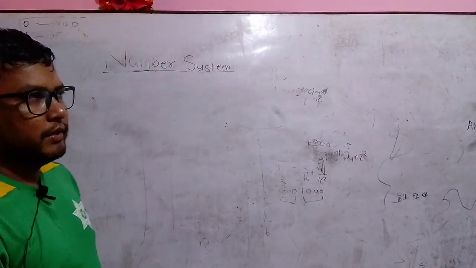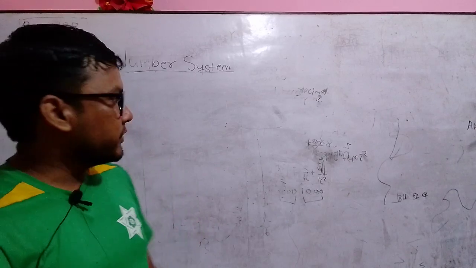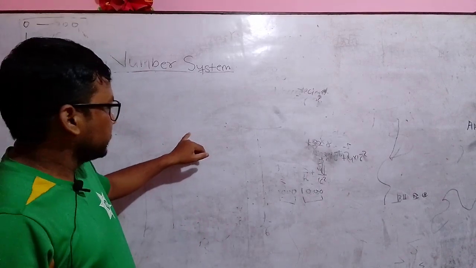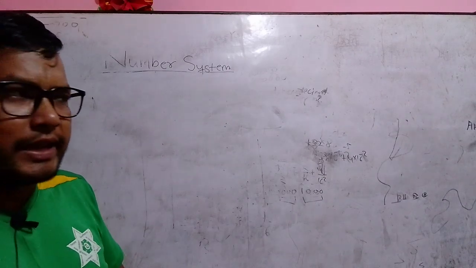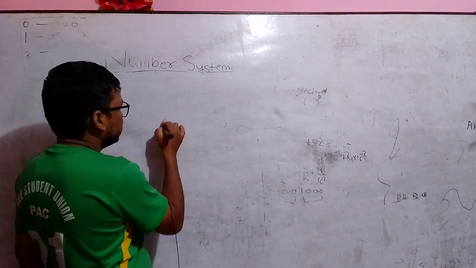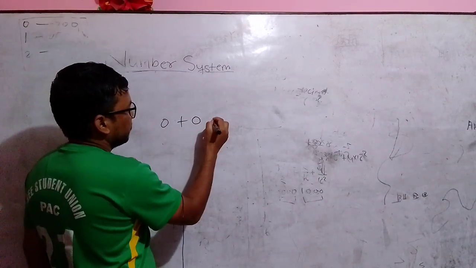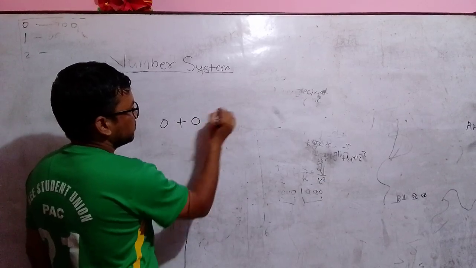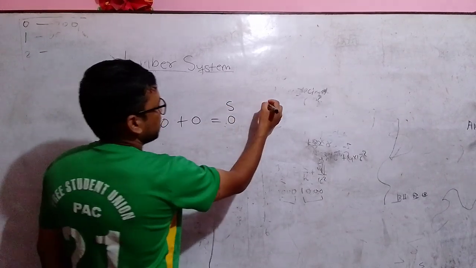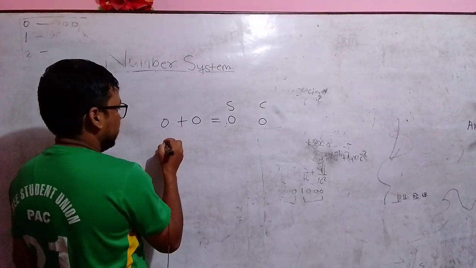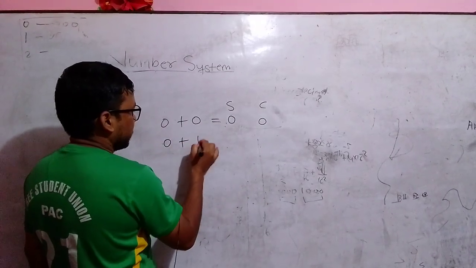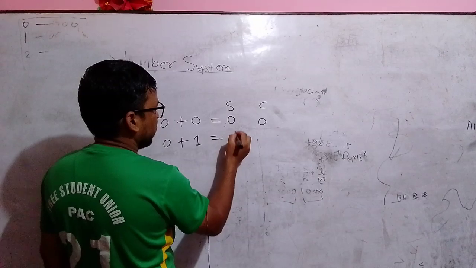Binary additions. Similar to decimal additions, binary additions also contain the summation and the carry. Now 0 plus 0 gives the result 0. Yes means sum, same for carry. It does not contain a carry, so its carry becomes 0. 0 plus 1: what will be the sum? 1.